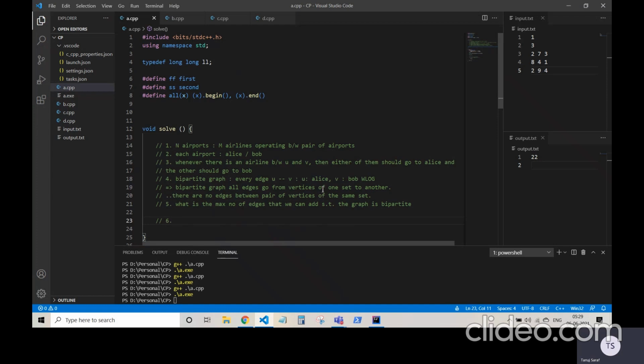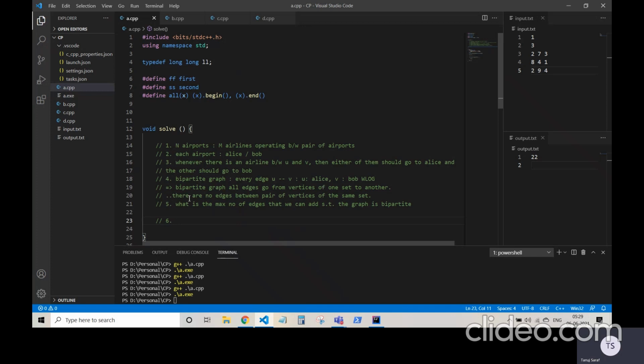Now, if you look at what happens when we add an edge, either the graph remains bipartite or it does not, right? The moment the graph does not remain bipartite, you can never make it bipartite again, because we are just adding more edges, we are not deleting any edge that was already there.